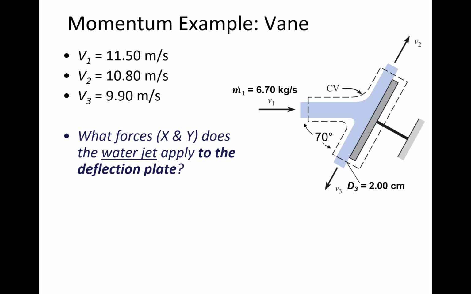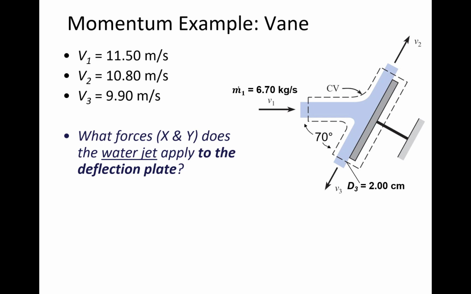And if we just take a look at what's happening here, the jet comes in the x direction with a given mass flow rate, 6.7 kilograms per second, and then a given velocity of 11.5 meters per second. Now, in the earlier example that we just worked with, that orifice that part of the jet was passing through, in that problem it was said that the velocity was the same in and out.